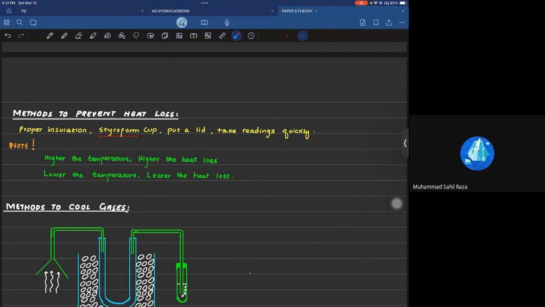But I'm hoping that the heat is not lost from the system, that is, from the reaction taking place in a beaker or a volumetric flask. So you're supposed to have proper insulation material, especially for those reactions in which you are going to measure the enthalpy change.